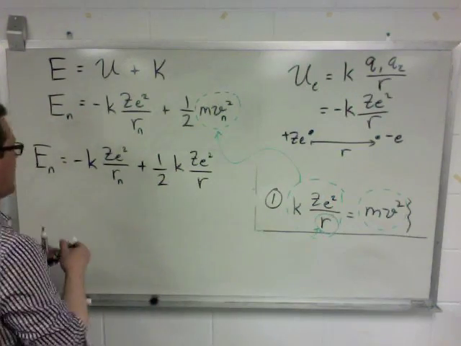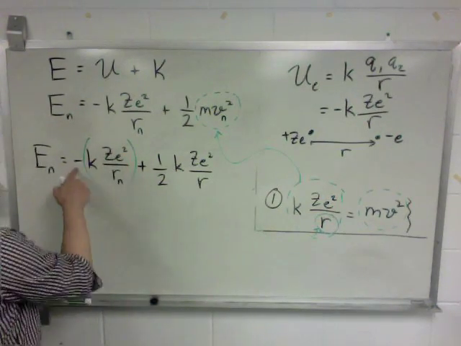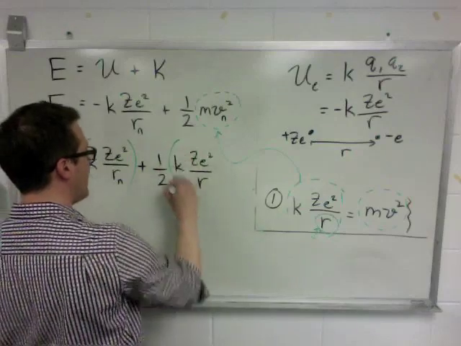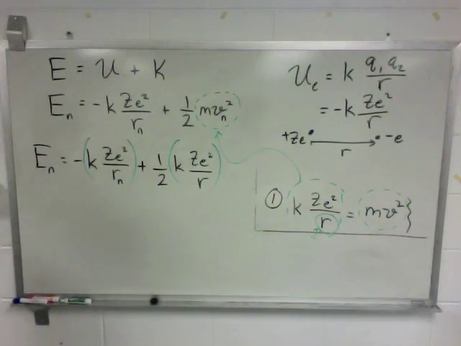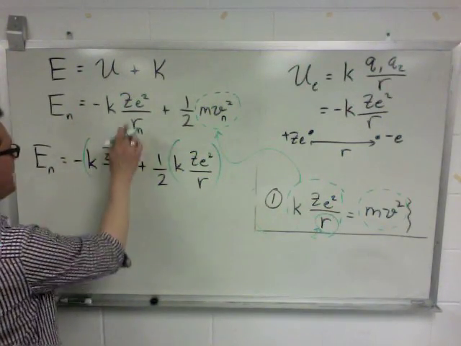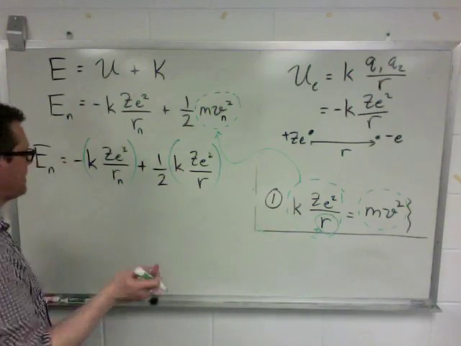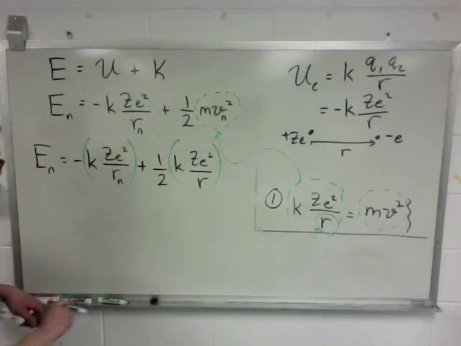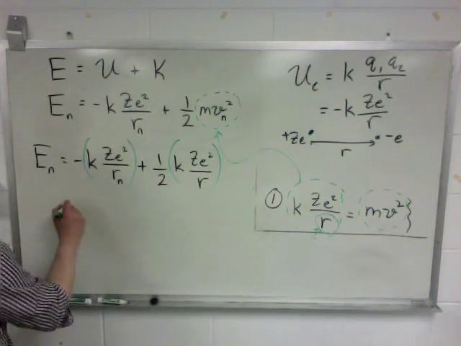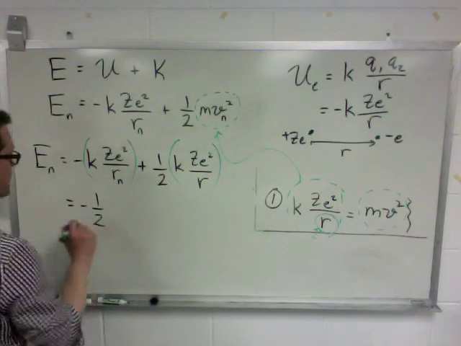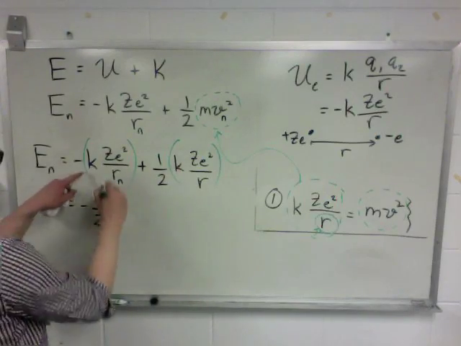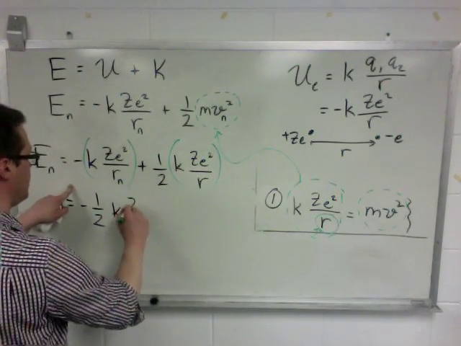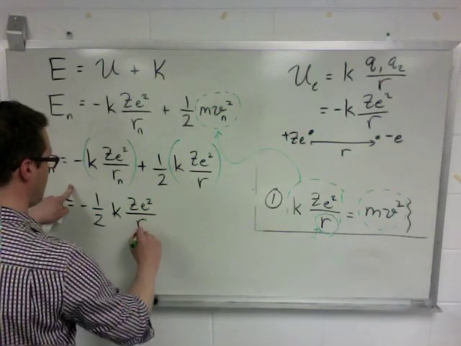If you look at this, I've got some stuff, negative some stuff, plus 1/2 of that same stuff, right? If you call KZE squared over R sub n x, then I've got negative x plus 1/2 x, right? 1/2 x minus x is just negative 1/2 x. And so that's just negative 1/2 of this stuff, KZE squared over R sub n.